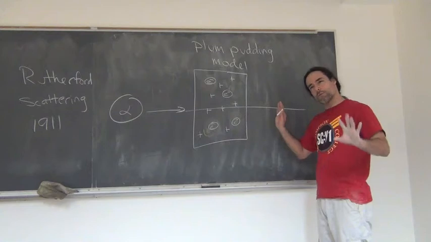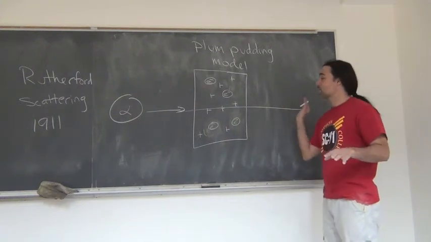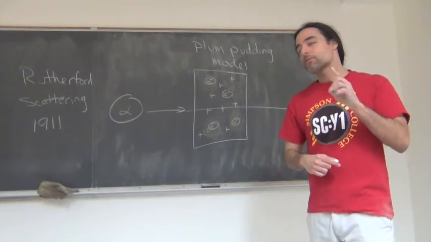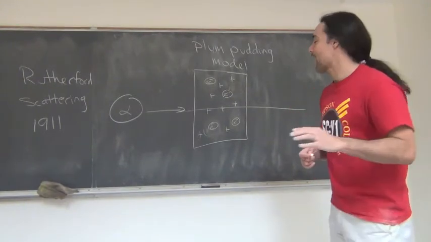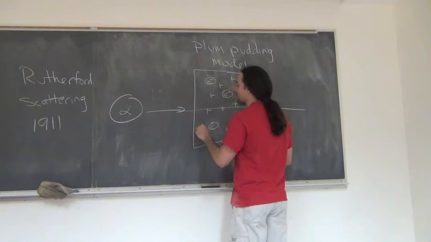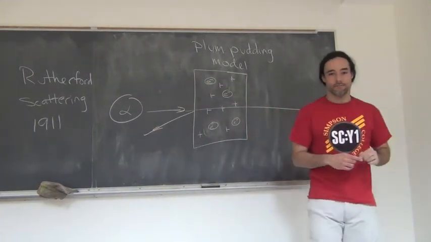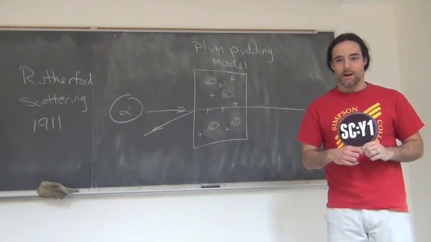And that was true most of the time. 99% of the time, the alpha particle went straight through. That 1% of the time, though, something weird happened. The alpha particle bounced back. That's weird.